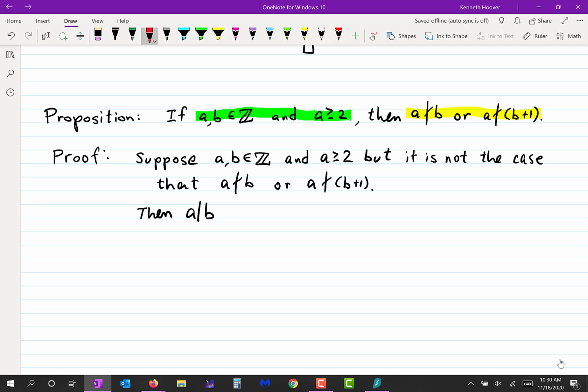Okay, that is the negation of that. And the or turns into an and because of De Morgan's law. And then I write the negation of this. A divides b plus 1.